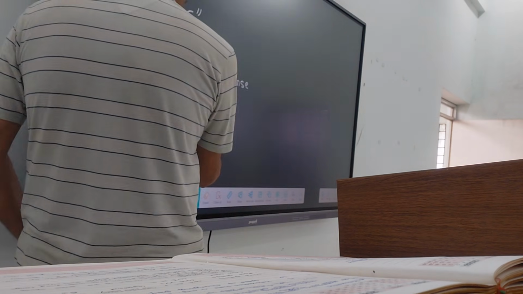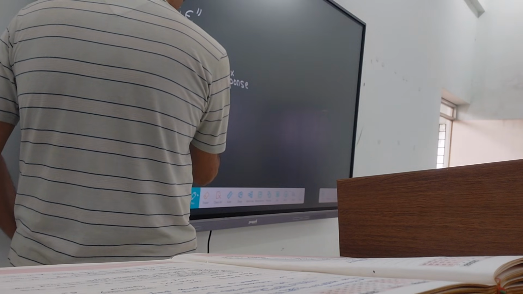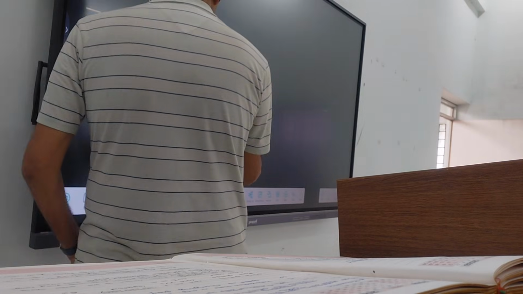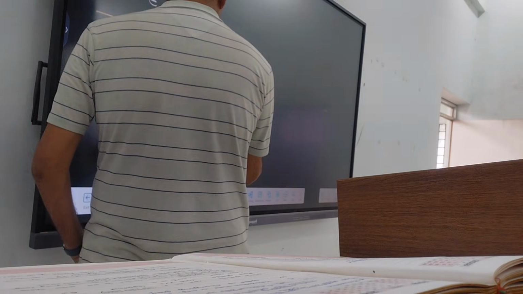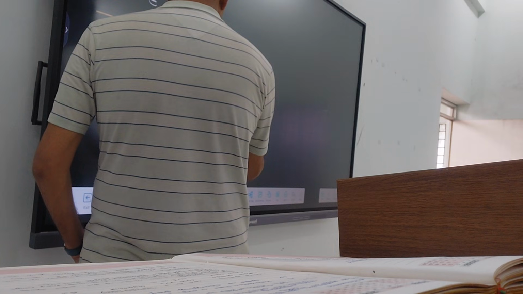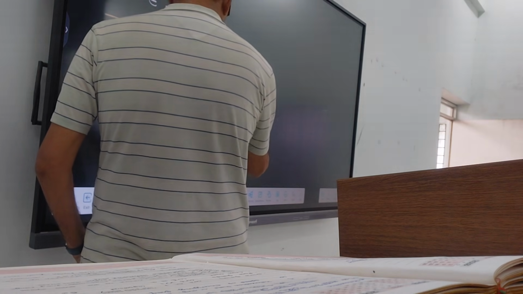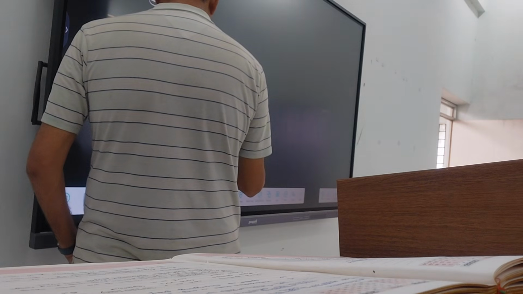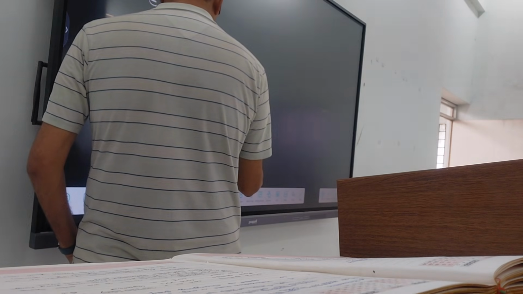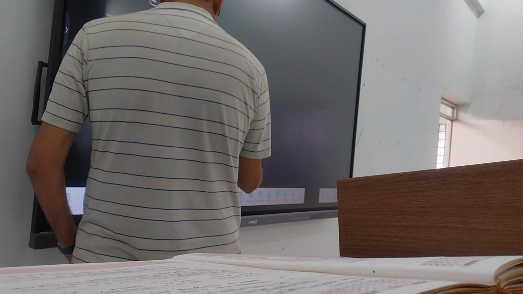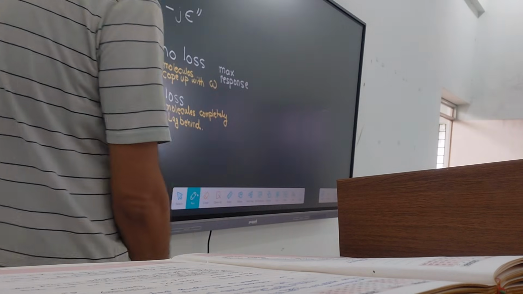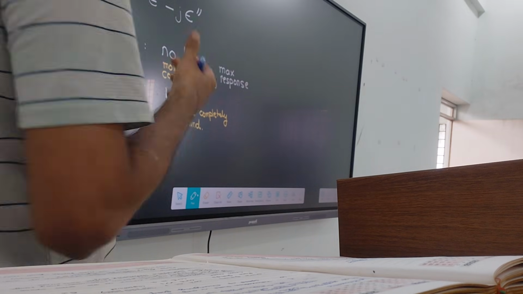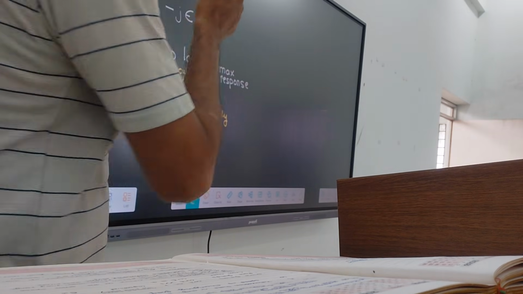The molecules completely lag behind. Here is the two terms. अच्छा now ये जो थ्योरी दिया था डायइलेक्ट्रिक लॉस का, इट वाज गिवन बाय डिवाइस.